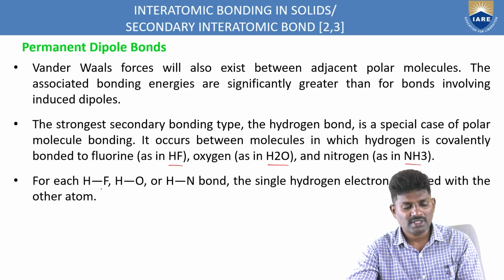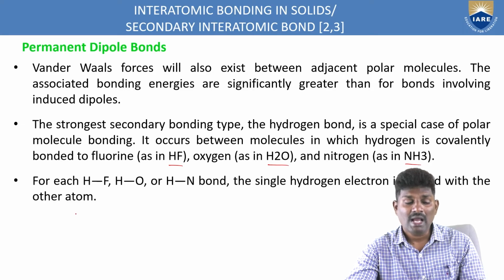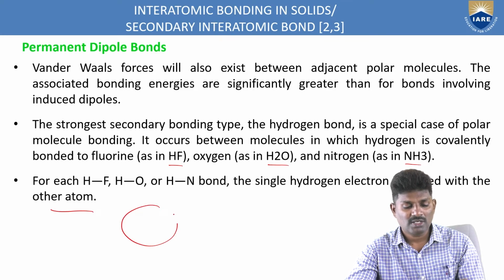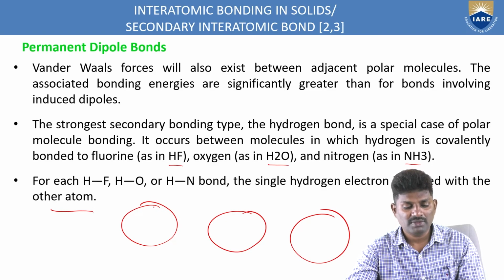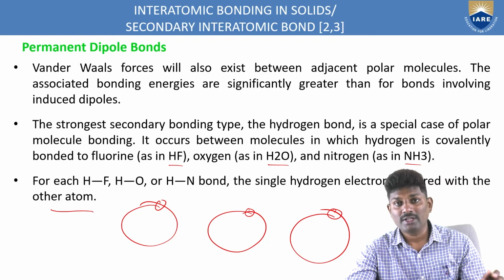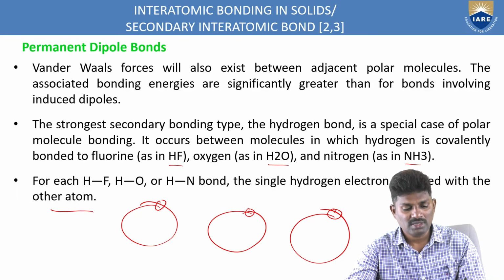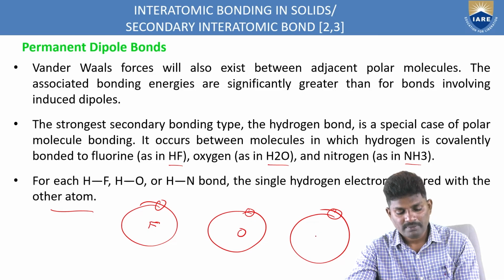So in hydrogen fluoride, hydrogen oxide and the N-H bond, the single hydrogen electron is shared with the other atom. So the valence electron of each hydrogen is shared with the fluorine, oxygen as well as the nitrogen to get a good strong correlation between them, a good bonding when you compare with the secondary bonding.